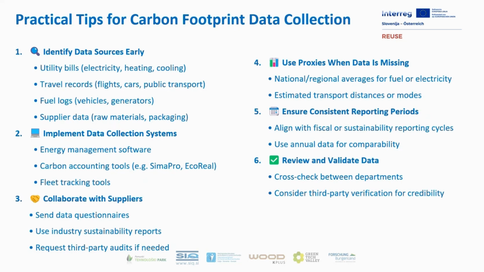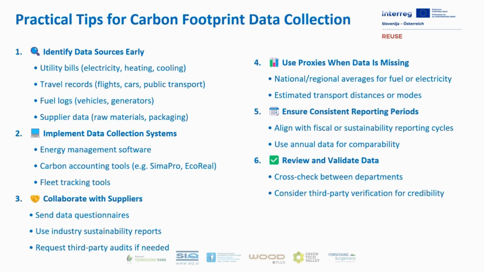Third, collaborate with suppliers and partners. This is a difficult one, but this is especially important for Scope 3 emissions, where you often don't have direct access to the data. So there are a few effective ways to do this. First one is to send out questionnaires or surveys asking suppliers to report on emissions from production, transportation, or product disposal.